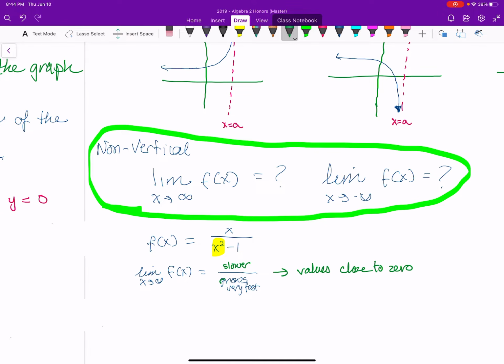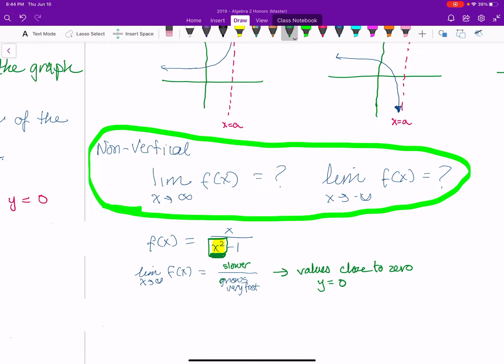Therefore, as x gets infinitely big, the x squared grows even bigger compared to everything else, so this will approach 0. It's going to approach y equals 0. The whole function is going to start behaving as if it was just a horizontal line at y equals 0. That's what that means.